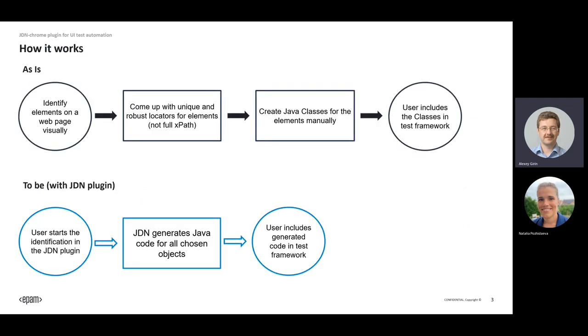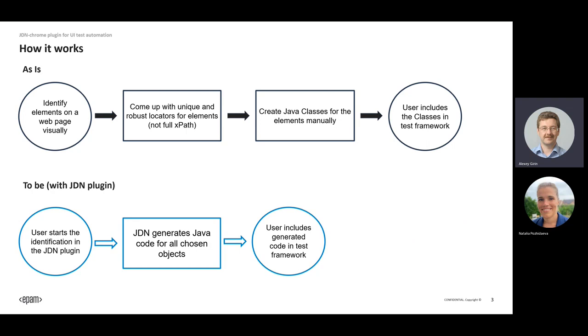So we thought that we can write an application that, using artificial intelligence capabilities, can independently identify controls on the page, select unique, robust, and that is most important, short locators for them, and generate a test framework from scratch.